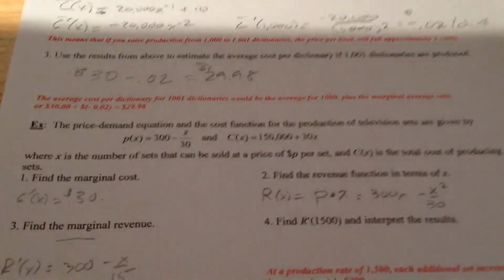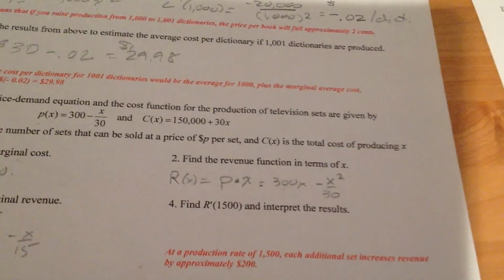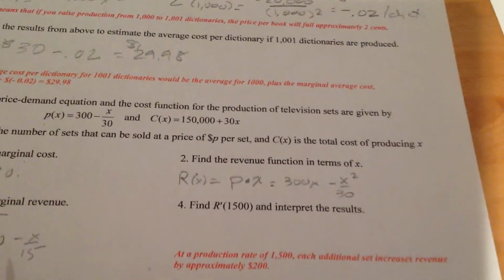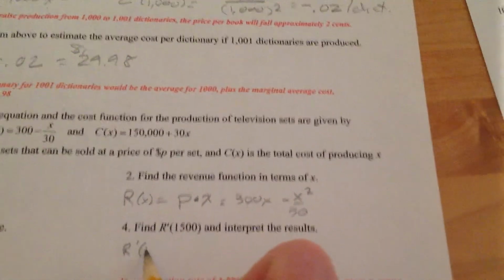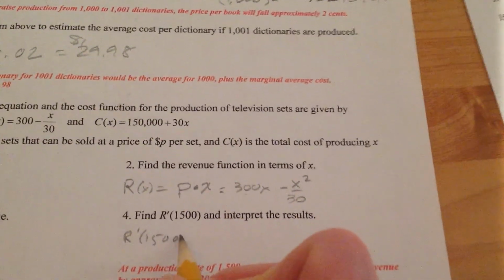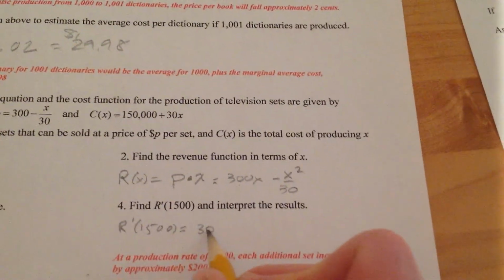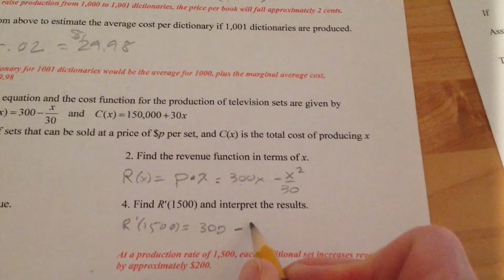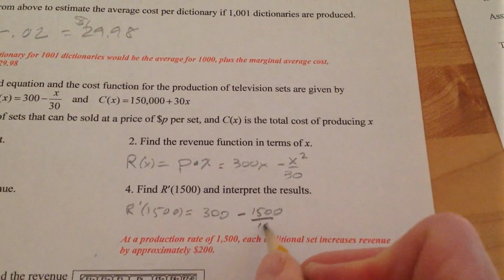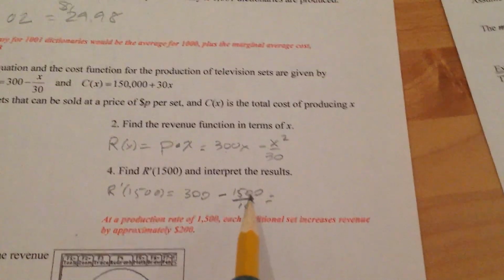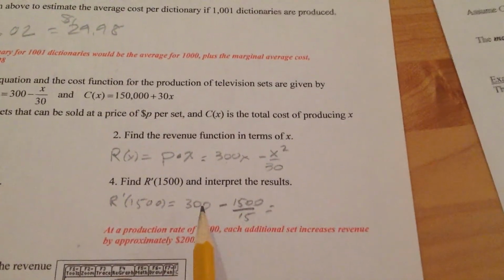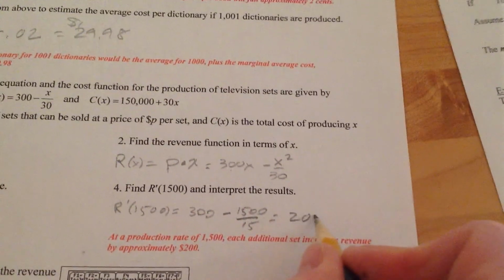Now it says find the marginal revenue at 1500 and interpret the results. So I just take the function we just found and plug in 1500. So it's going to be 300 minus 1500 over 15. If I do that, this is going to give me 100. 300 minus 100 is 200.